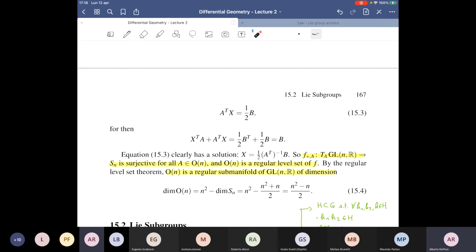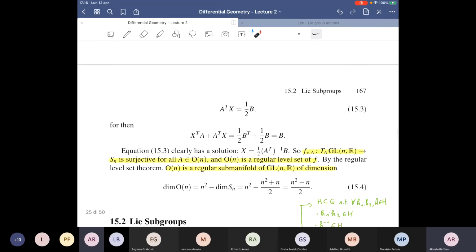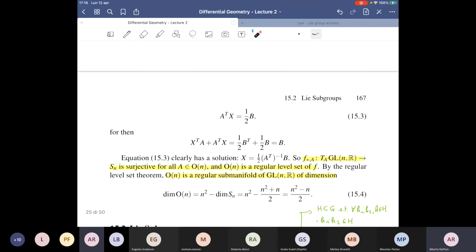And we proved that they are embedded. They are also subgroups from an algebraic point of view. And so, in fact, since we started thinking about Lie groups as algebraic objects with a smooth structure, we have such a type of geometric object.